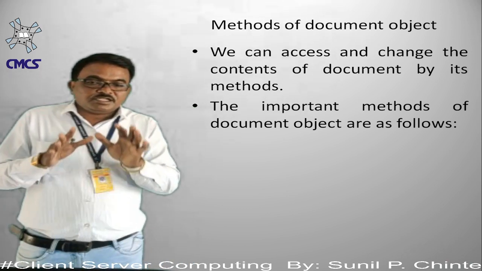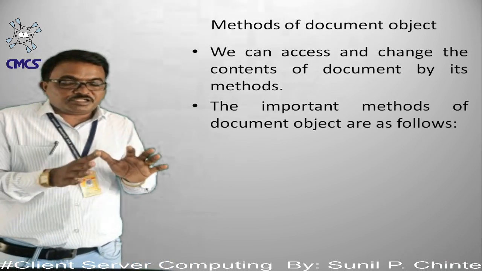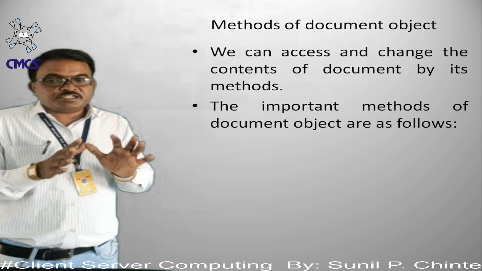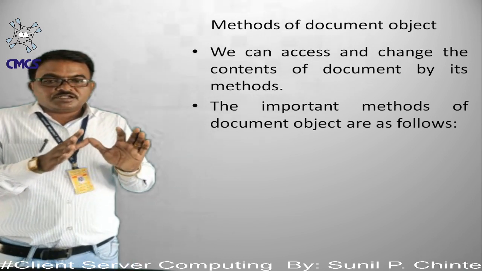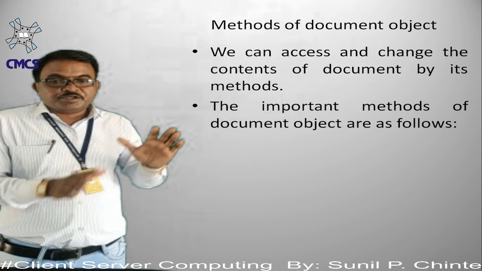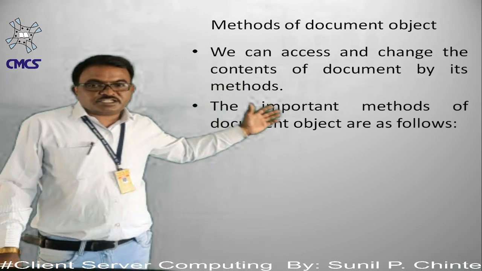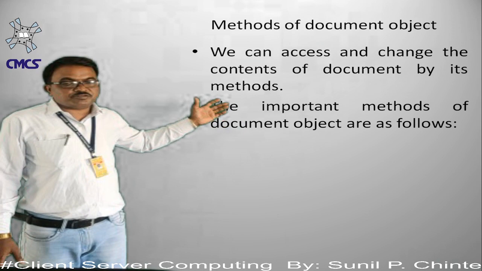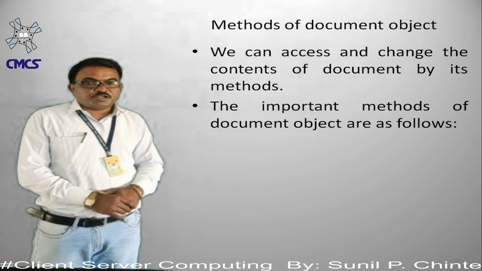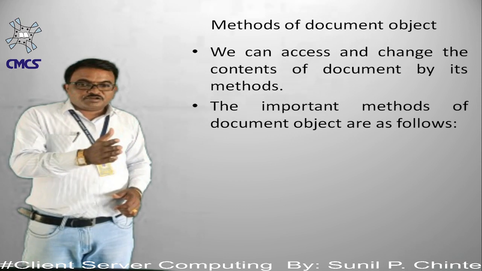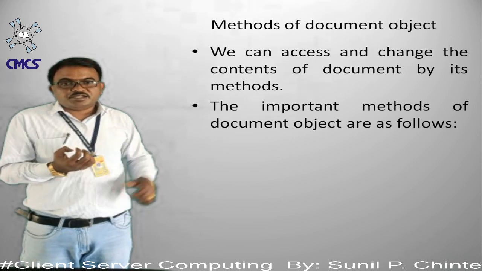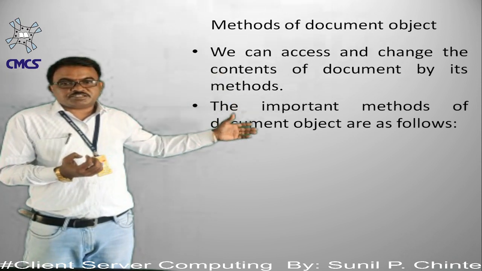Similarly, the document object has methods, and they are also invoked by using document dot method name. We can access and change the content of the document by using these methods, meaning you can add content or modify content.